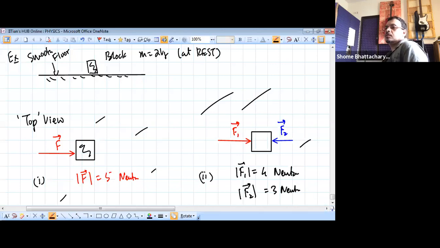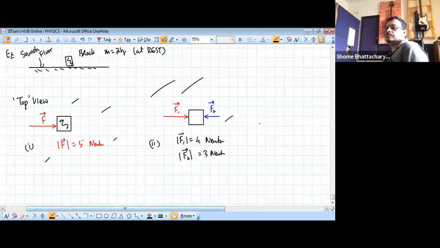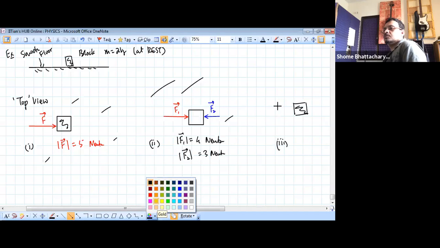And in another case, now in this case, we are applying the forces in this manner. One force is acting like this, but the other force is acting like this. So they act perpendicularly to each other.